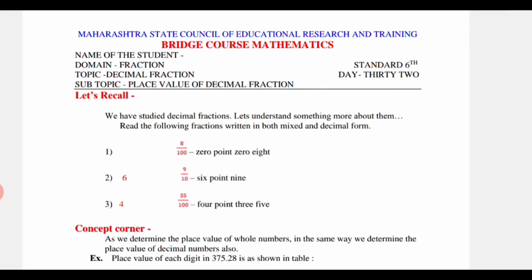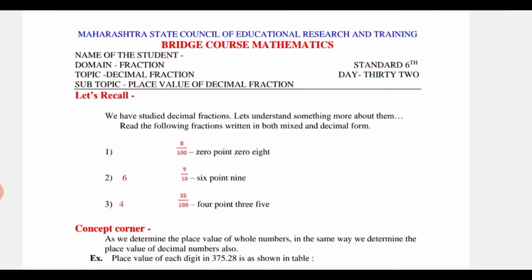Read the following fractions written in both mixed and decimal form. First it is 8 upon 100. It can be written as 0.08 because 100 is there, so after the decimal point there should be 2 digits. Then there is the mixed fraction 6 integer 9 upon 10, which can be written as 6.9.